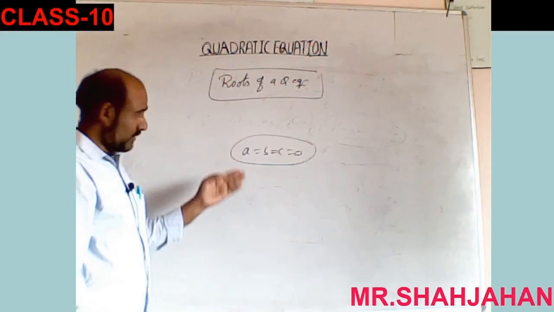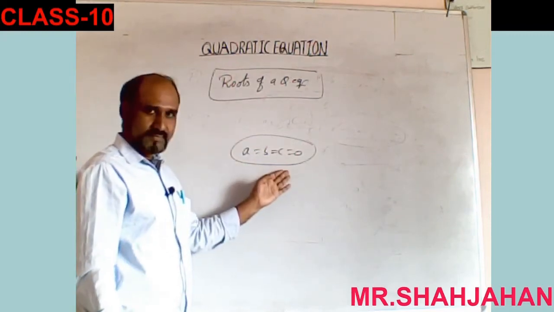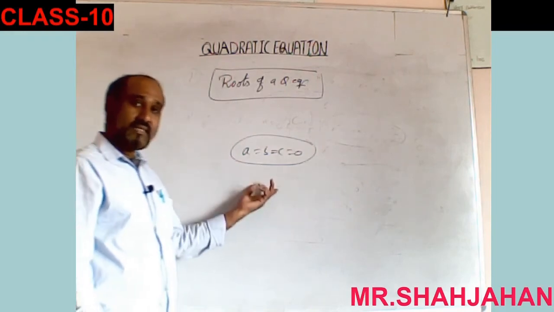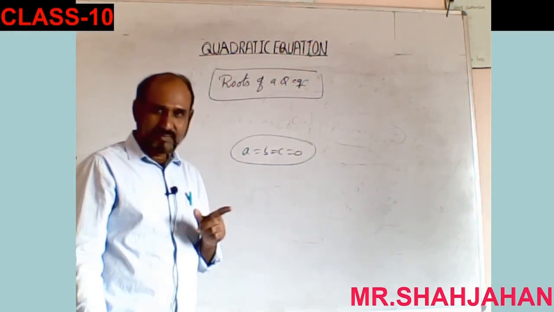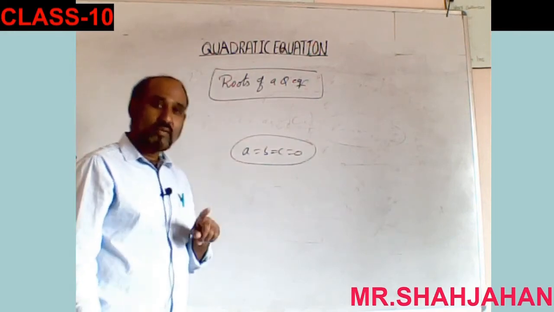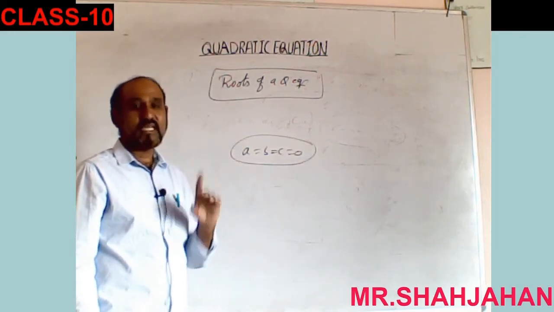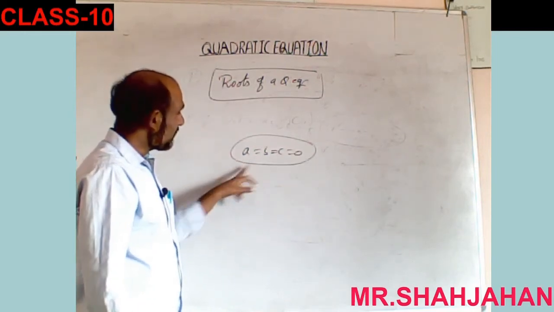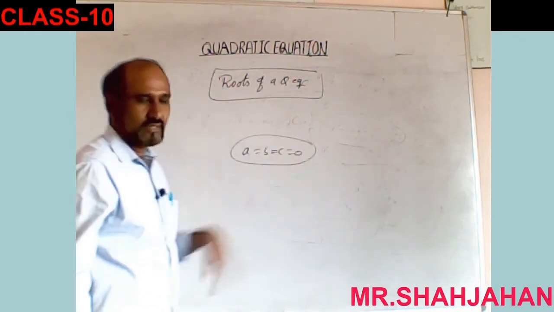Means the coefficients of the variables in the quadratic equation are equal to 0. If a quadratic equation is satisfied by more than two distinct roots, then it will be an identity, that is a is equal to b is equal to 0.